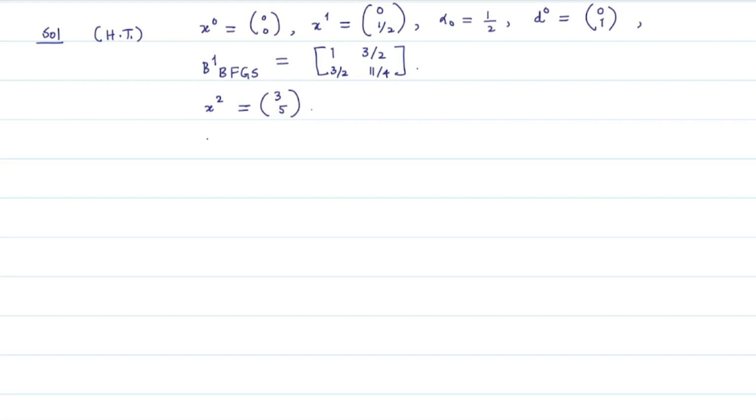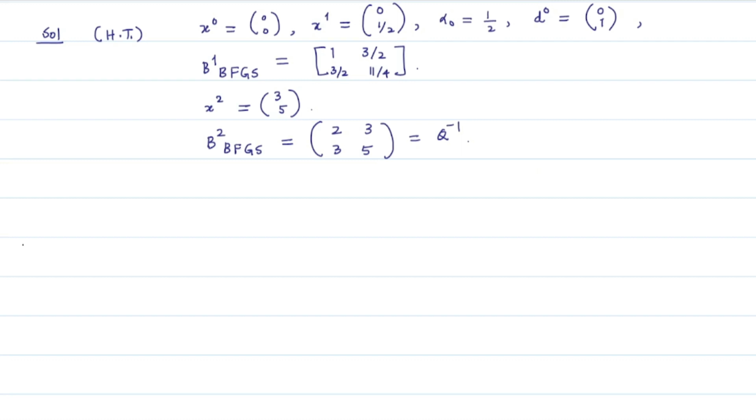You also can verify that if you compute B2 BFGS, then you will find that this is the matrix 2, 3, 3, 5, which is the inverse of the Hessian of the objective function.